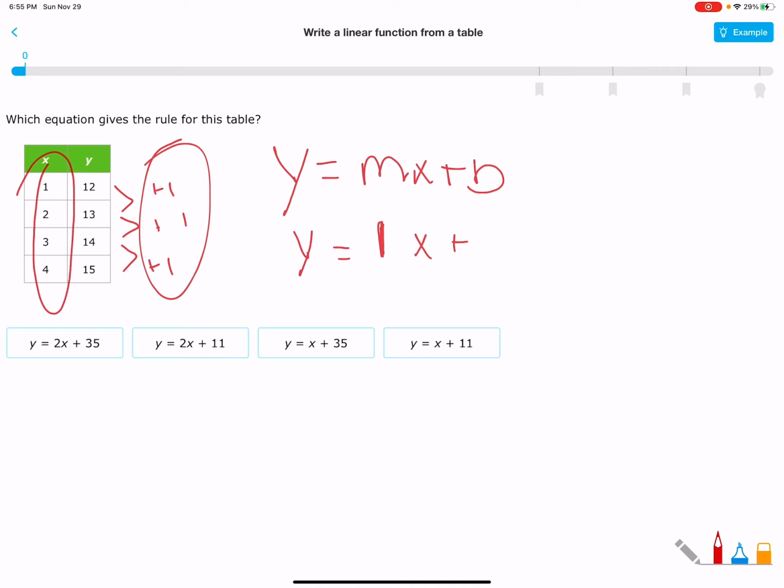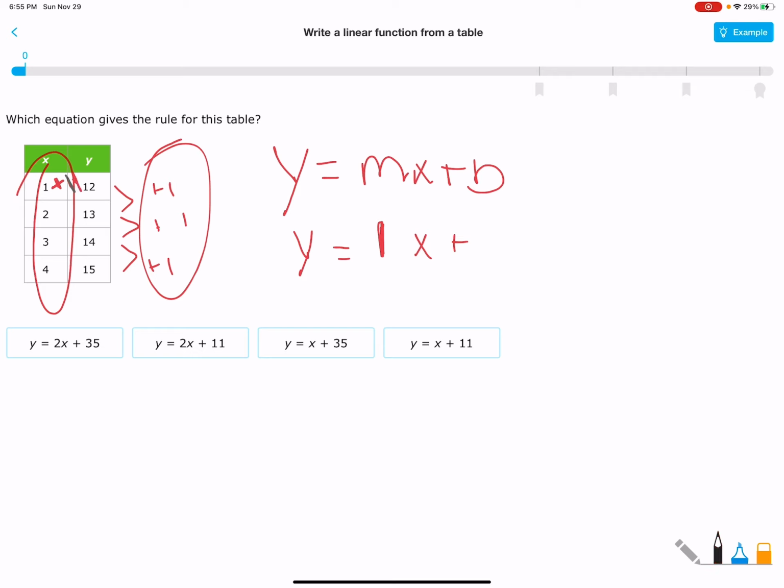So now we're going to see our b. If we multiply 1 by 1, we get 1. What do we have to add to 1 to get 12? Well, we add 11.